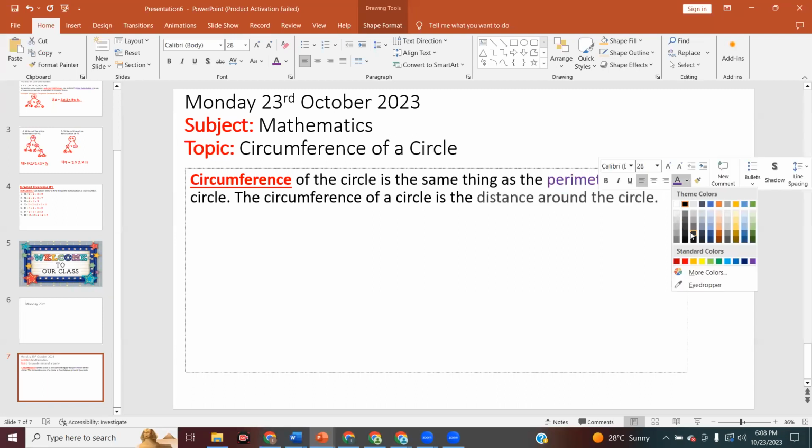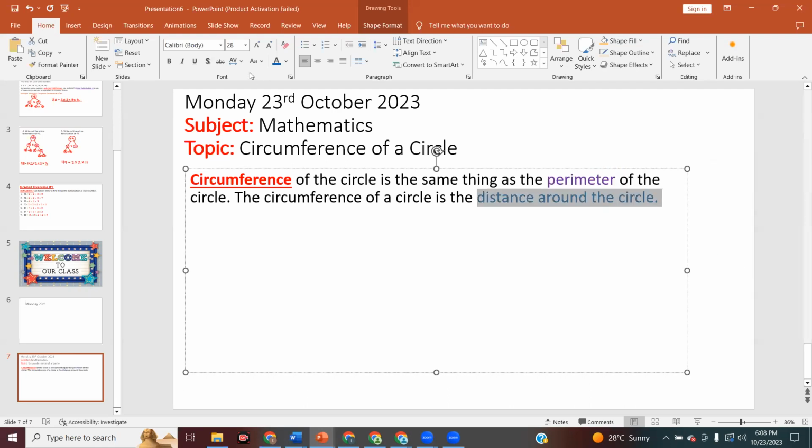So if we want to find the total distance around a circle, we just need to figure out its circumference. When they ask you, what is the circumference of a circle? Well, it is basically the distance around the circle.